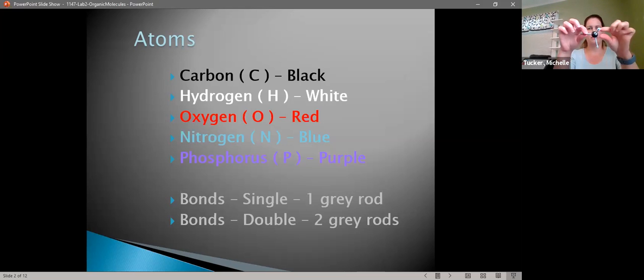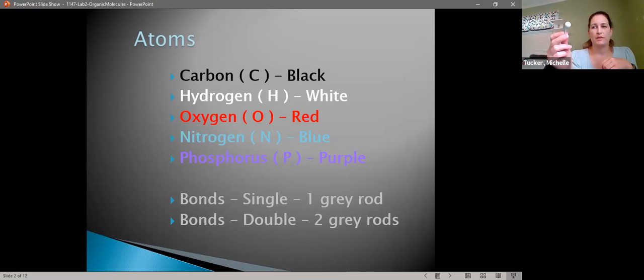So carbon will have 4 bonds. Then we have hydrogen, which is usually tiny because it's a very small atom. It actually can only make 1 bond, so it has just 1 hole.